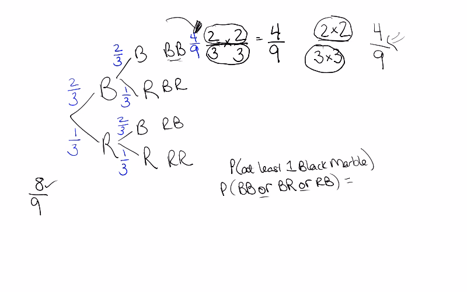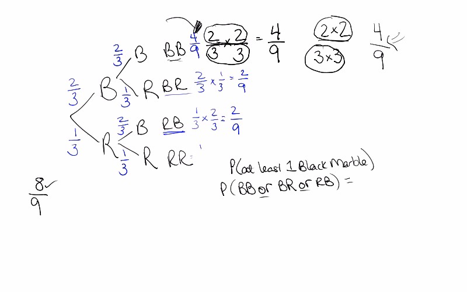In other words, take the probability of getting black on the first, which is 2/3, and multiply by the probability of getting red on the second, which is 1/3, and we see we have a 2/9 chance of getting this exact outcome. If we want to know the probability of red then black, we take the probability of getting red on the first, multiply by the probability of getting black on the second, and we get the final probability of 2/9, which is the probability of getting red then black.